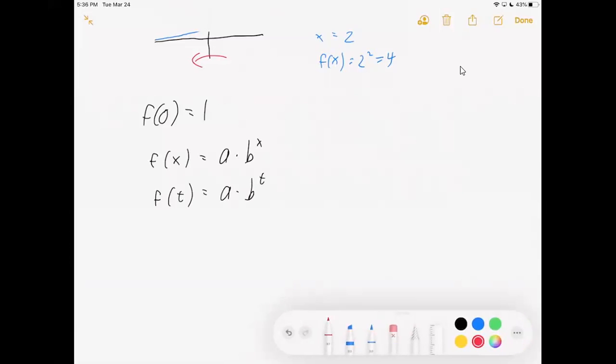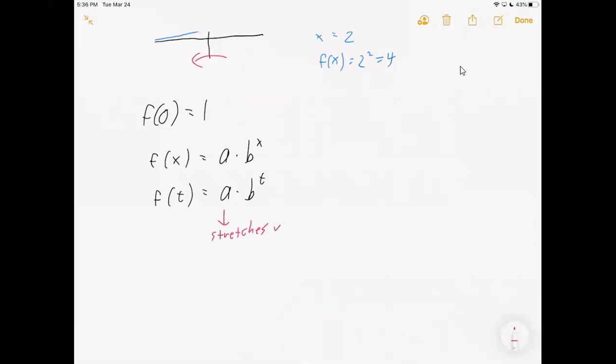Now, hopefully you remember what this a value does. It stretches the function vertically. So if I had an example of this, let me write f of t is equal to 200 times 1.05 to the t.